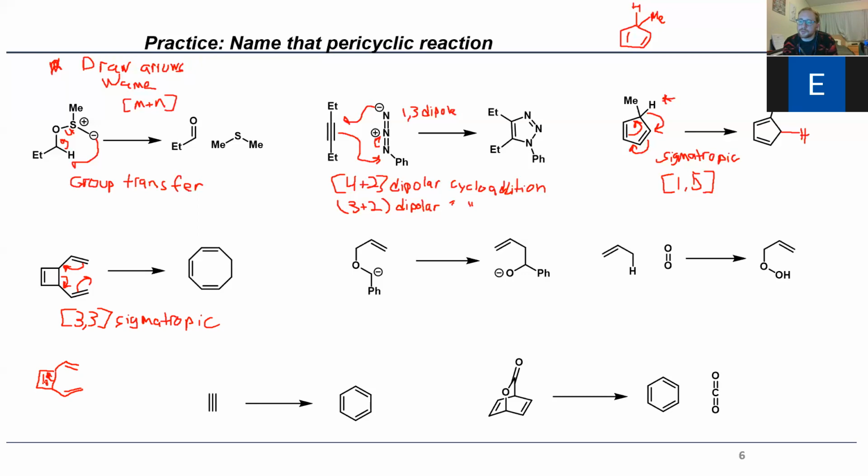So you can do a retro 4 pi electrocyclization that would get you to something that looked like this.